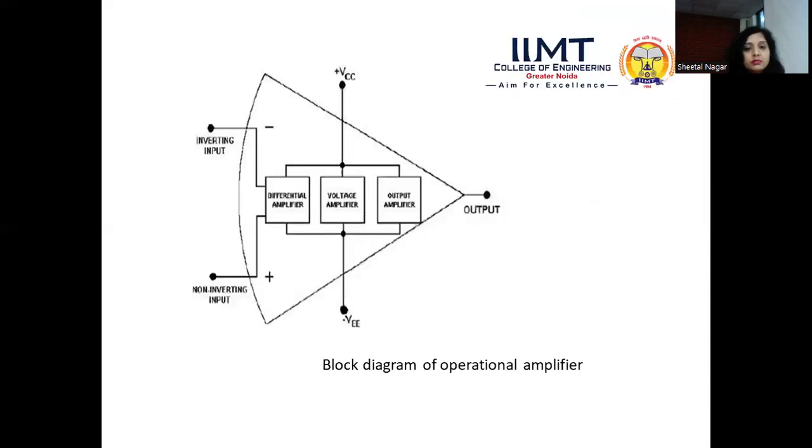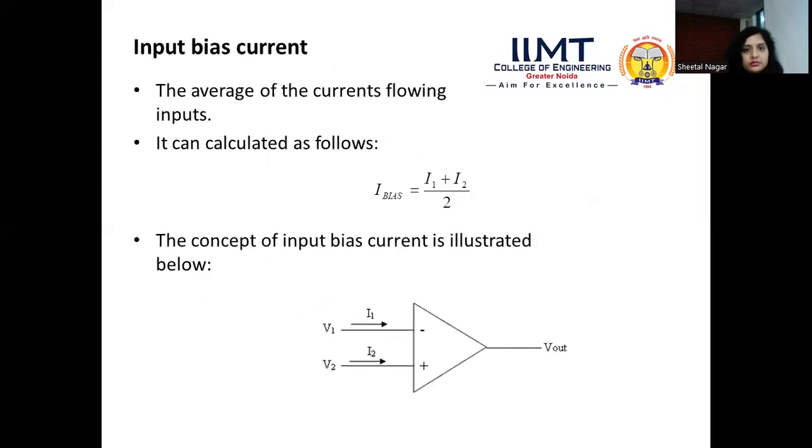Now, this is the block diagram of the operational amplifier. In this case, we are showing the main blocks of the operational amplifier: differential amplifier, voltage amplifier, output amplifier, and the inverting and non-inverting inputs also.